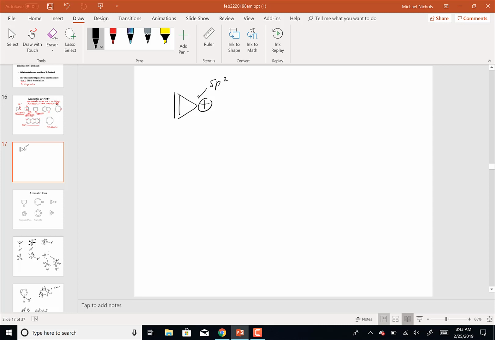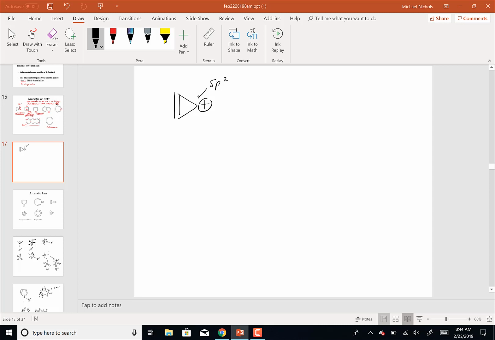A carbanion, well, I did that one a few minutes ago. That could be either sp3 or sp2. But a carbocation has no choice. It's sp2. So when I look at this cyclopropyl carbocation, all three atoms are sp2 hybridized.